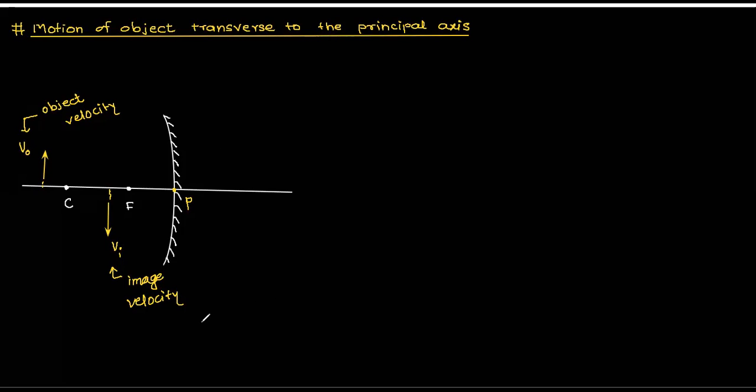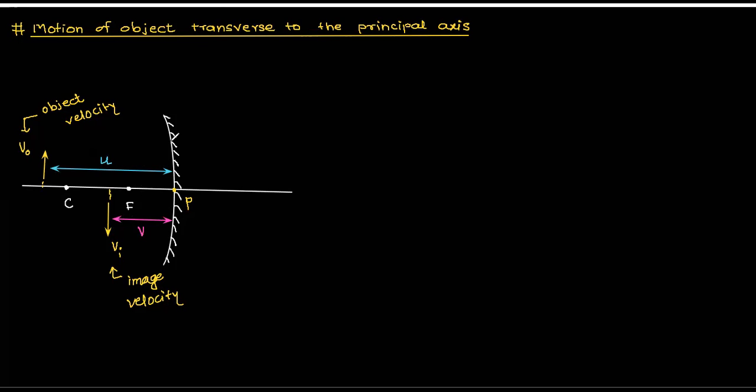Now basically if we see here in the diagram, can you see this total distance from the pole is the object distance. So can I denote here as u? Yes, I can. This is u. And then this distance where this image is getting formed, and this image is also moving with some velocity vi, I'm denoting it with v. v is what here? Image distance.